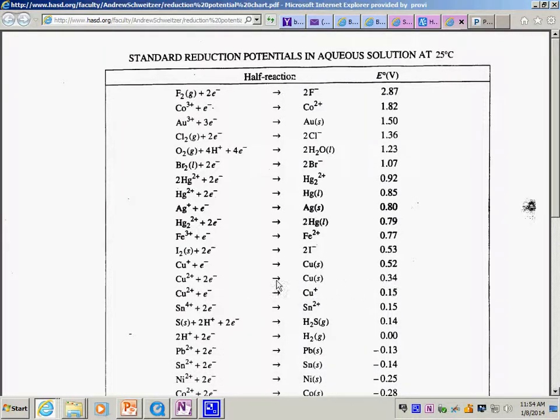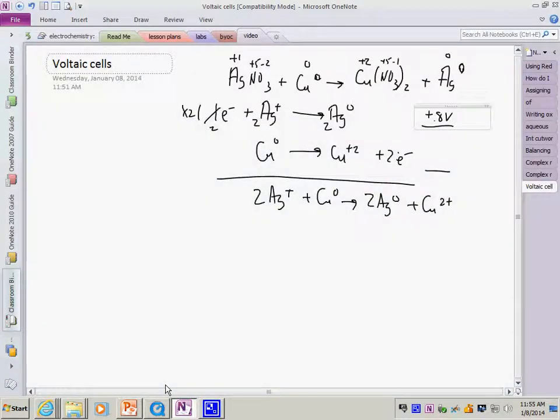It's the reverse of what I actually have on my half reaction. To get your overall voltage for this chemical reaction, I would need to add these together for a positive 0.46 volts.